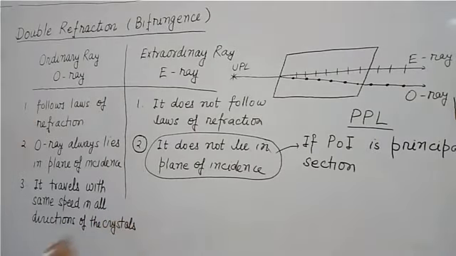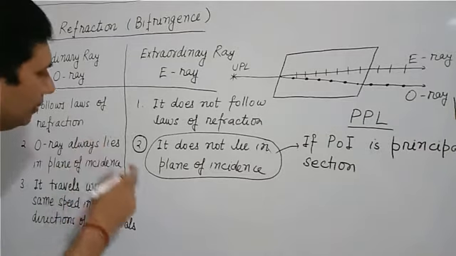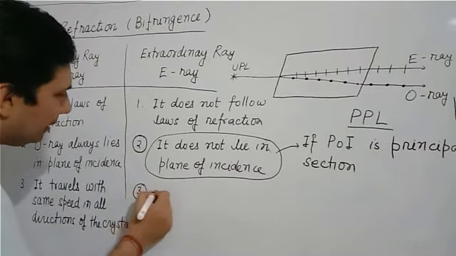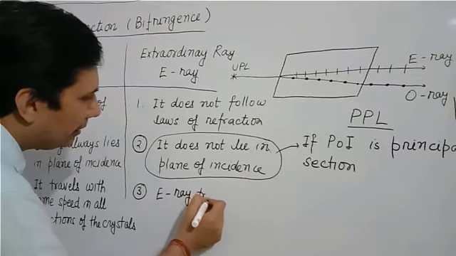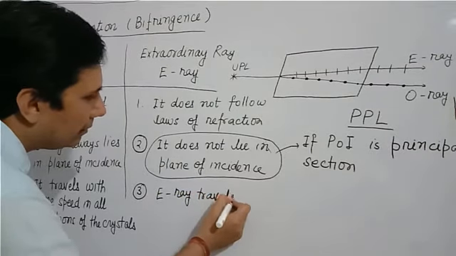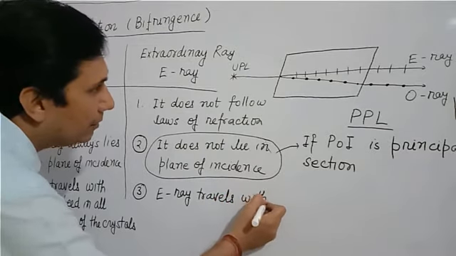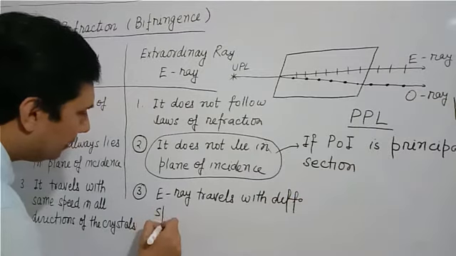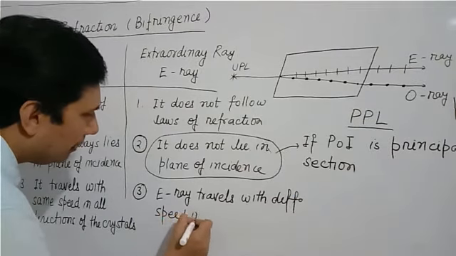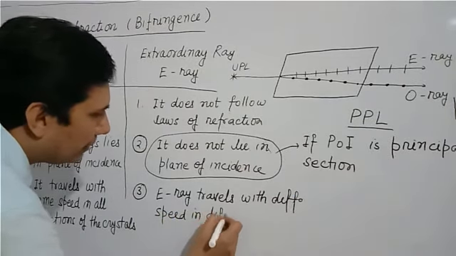The meaning of this sentence is that there are different directions in the crystal, and the O ray travels with the same speed in all of them. While this is not the case for the E ray, which travels with different speeds in different directions.